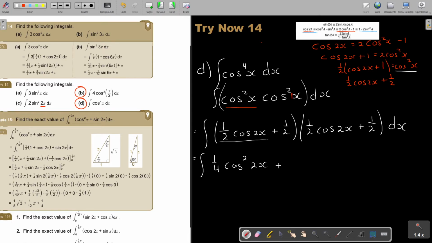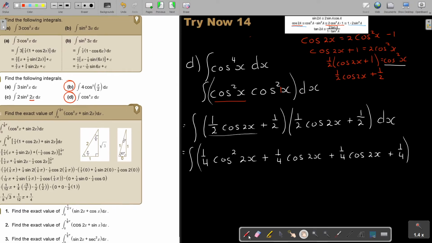Then I multiply this one, I get a quarter cos 2x. Then I multiply this one and I get a quarter cos 2x. And then a half times a half is just a quarter. And remember, I integrate with respect to x.